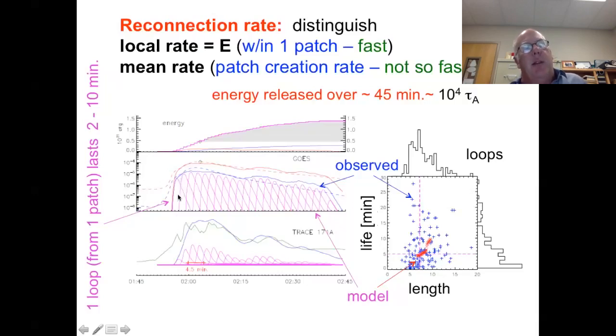The only reason we have such a long-lasting flare is that we're transferring flux in lots and lots of little different elements, and those are the loops that we see in 171. We really see that the field has been reconnected in these little bundles.